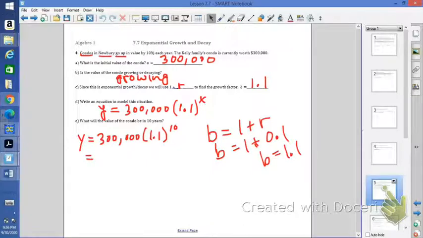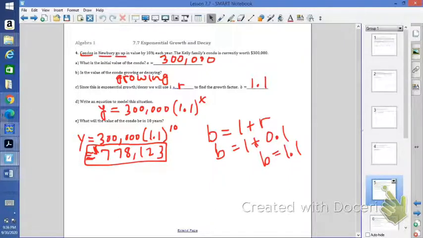Plug that into the calculator. $778,122.23, actually, let's round. Alright, so it's a pretty good piece of property that they're on.